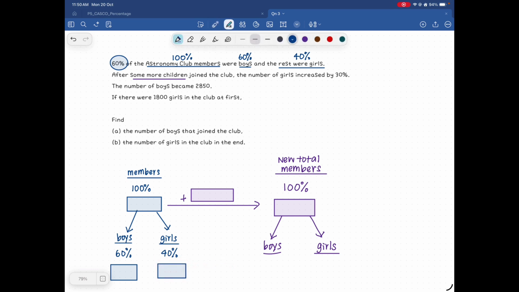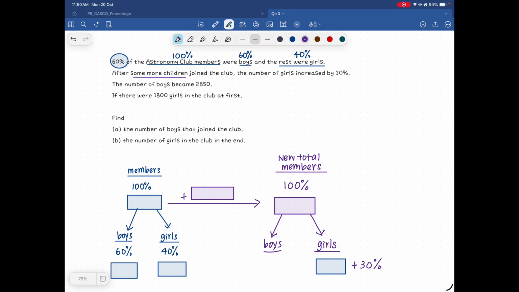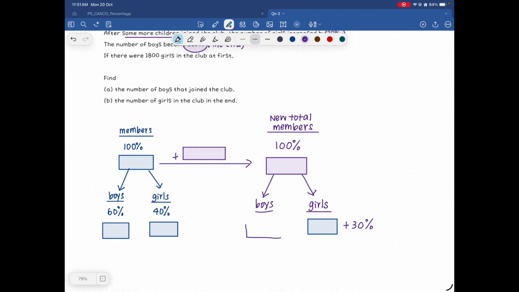So I'm going to represent that information: the original number of girls plus 30% of them. Last statement, the number of boys became 2,850. So this is the number of boys in the end. We don't know the percentage, but we know the final number. Let's add that information into the flowchart.